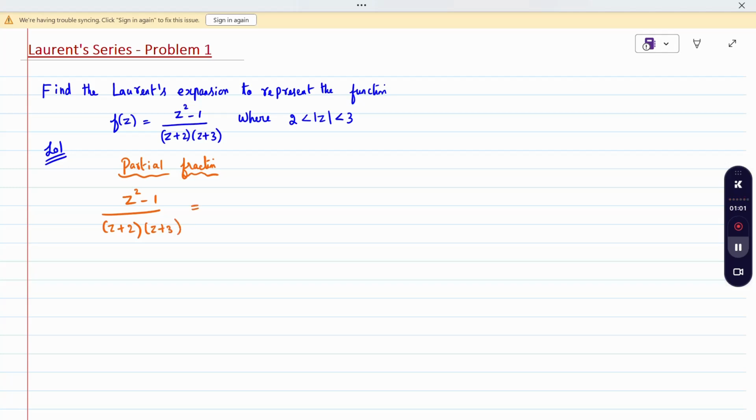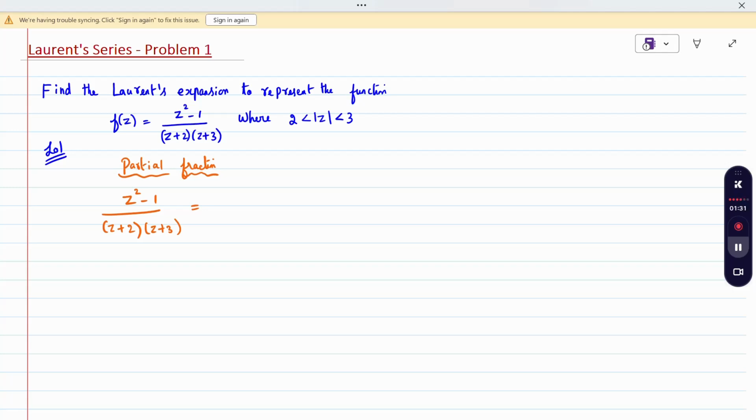Now how do I apply partial fractions here? The denominator has only two terms, single fractions of single order, but the numerator is not just a constant, it may be z or z squared. That is why I have taken this problem, otherwise you will be stuck with this partial fraction.